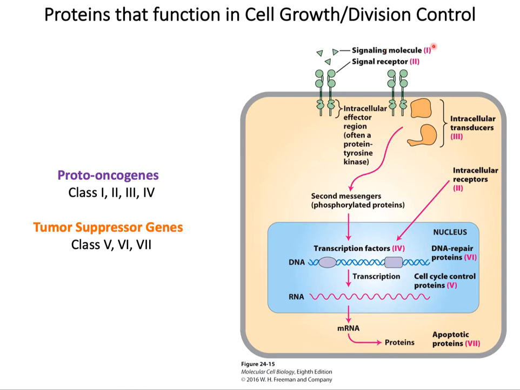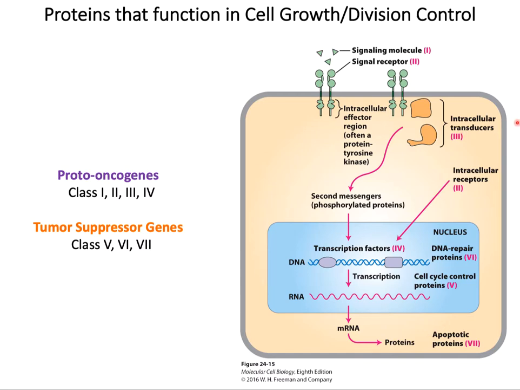But you can imagine that if a signaling molecule is mutated, it may actually become a more powerful inducer of cell signaling. Then there are cell surface receptors, class 2. An example for this is receptor tyrosine kinase. Class 3 are the intracellular transducers, and we saw lots of these.